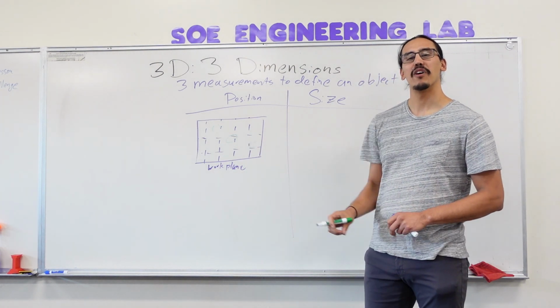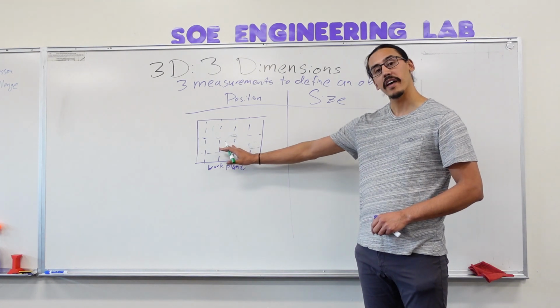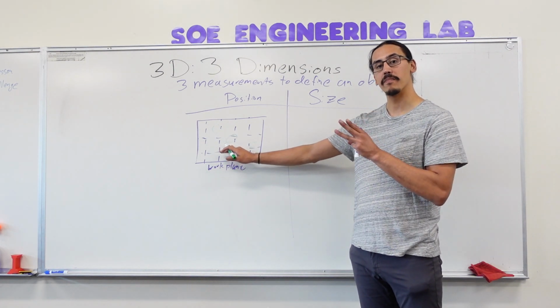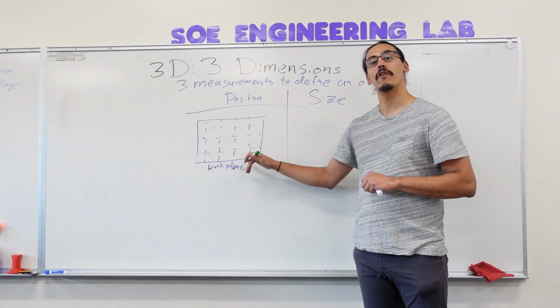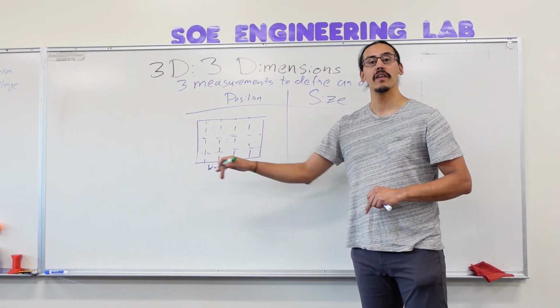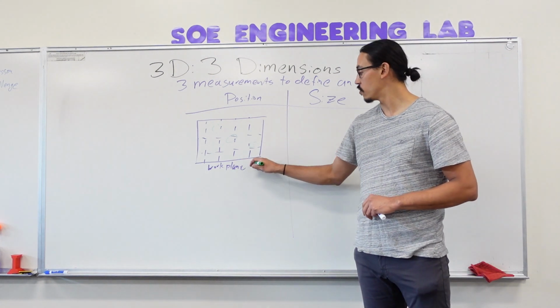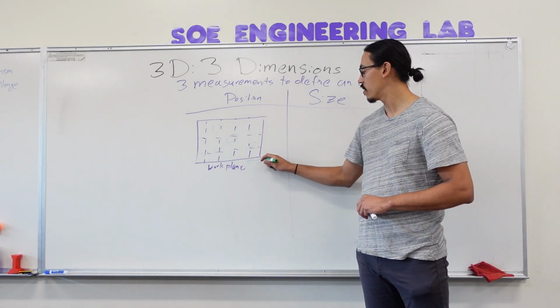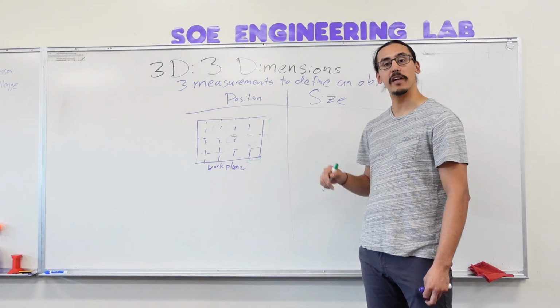Now, I'm not going to draw it because I'm not that great of an artist here, but in TinkerCAD, you can also have the 3rd dimension. So the first 2 are how far to the left and right it is, and how far to the front and back it is. So this is 1, and this is 2. Those are 2 dimensions.